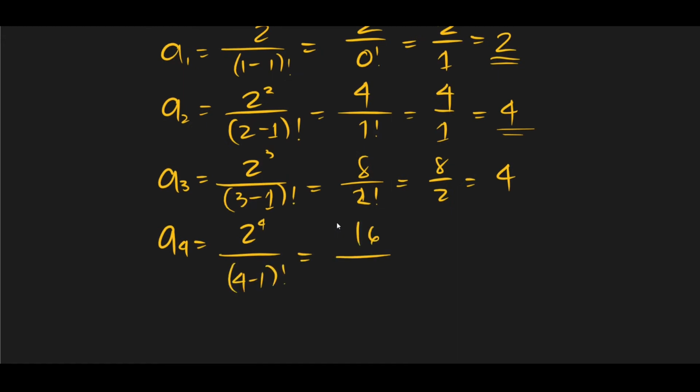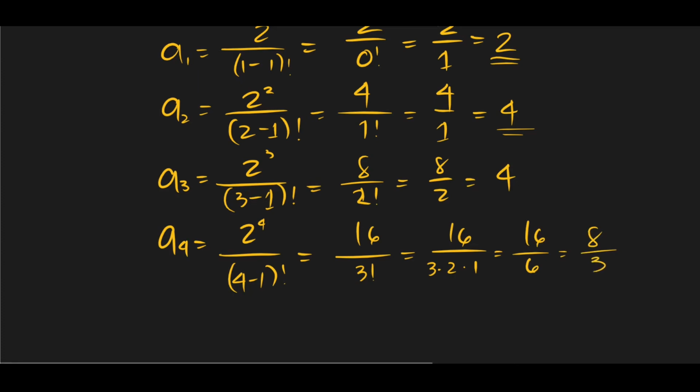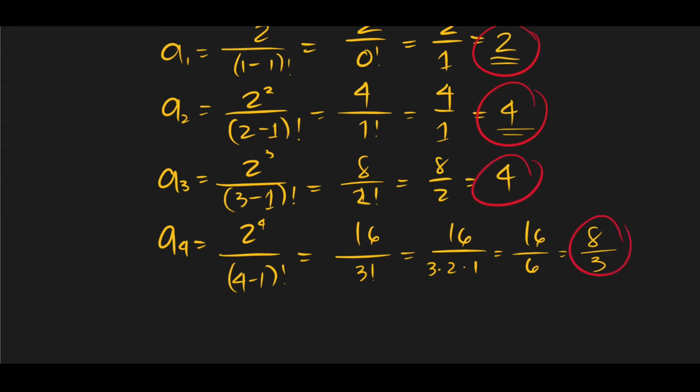You'll get 16 all over 3 factorial, and so 16 all over 3 times 2 times 1, we get 16 over 6. If we simplify this, we get 8 all over 3. So these are our answers. You have 2, 4, 4, and 8 over 3. Okay, so that's how you evaluate that type of problem.